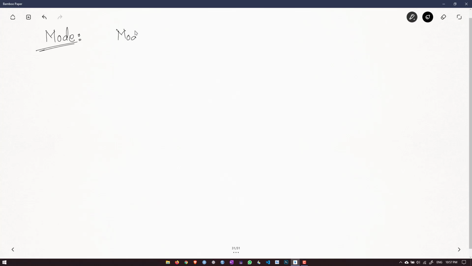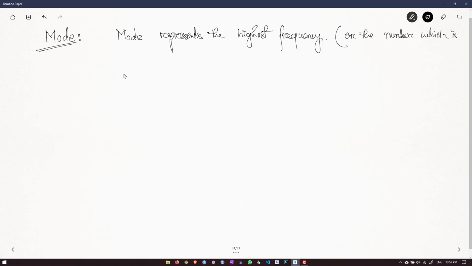Mode represents the highest frequency, or the number which is repeated most, right?